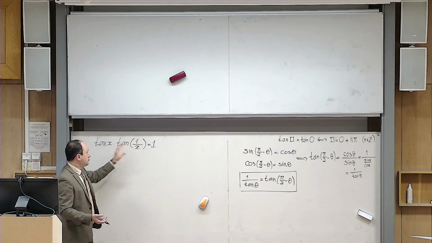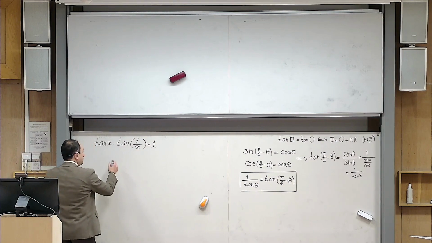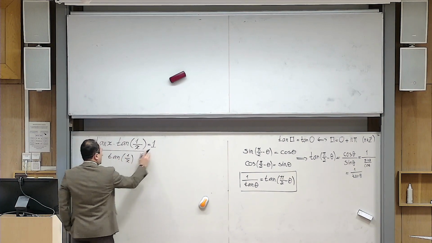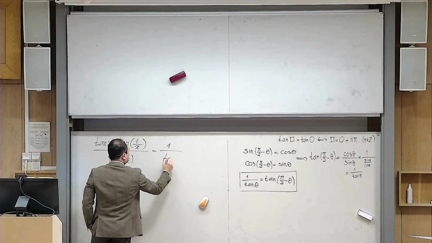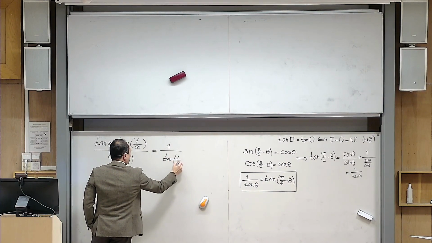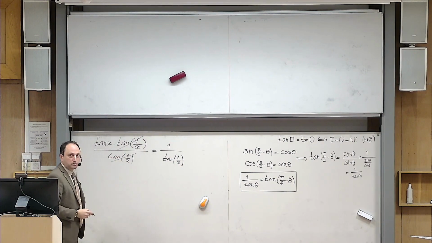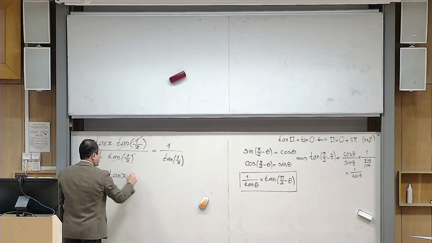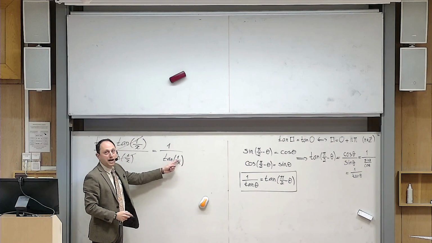Okay, so I divide both sides by this factor, tangent of 1 over x. I have to also divide the right-hand side by that factor. On the left-hand side, these two factors cancel out, and what is left is tangent x. On the right-hand side, I have 1 over tangent of some angle.